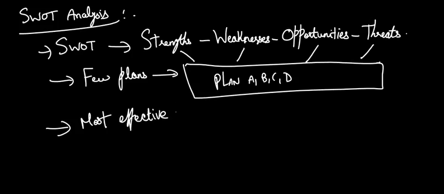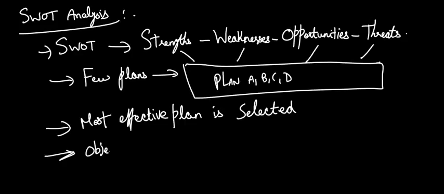The category of plan to be selected is dependent upon the objectives that have been laid down by the company with respect to its marketing plan, and also the profitability expected.